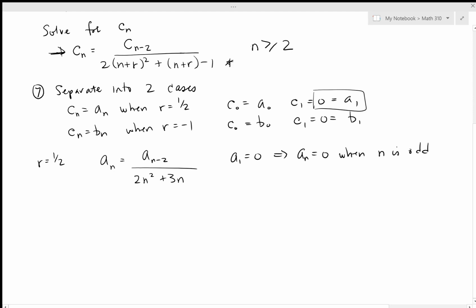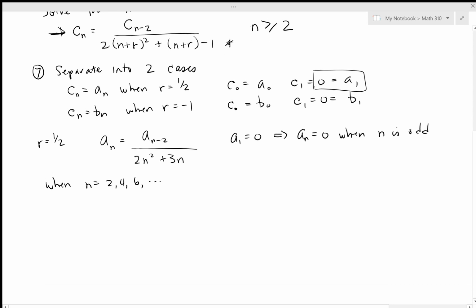That's half of them done. And then when n is even, so it's equal to 2, 4, 6, etc., we can use the recurrence relation to find these coefficients, and we get A2 is A0 over 14, A4 is A2 over 44, and that is A0 over 616.